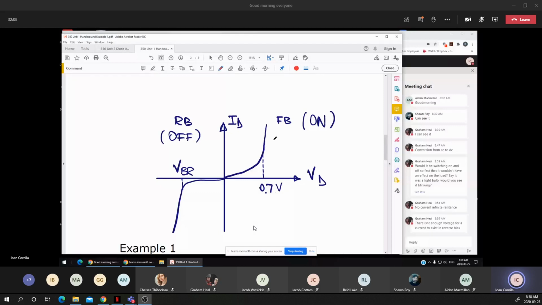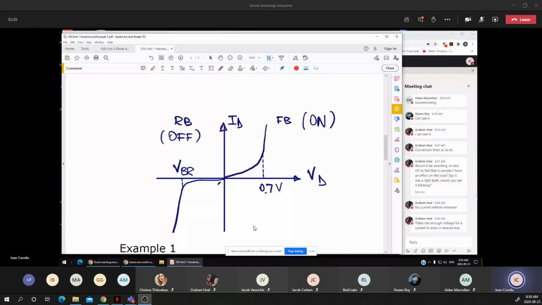That's why the reverse current is not used in our calculations, in our problems. Again, it's just the basics. Did I answer your question? Okay. Now, going back to this diagram.